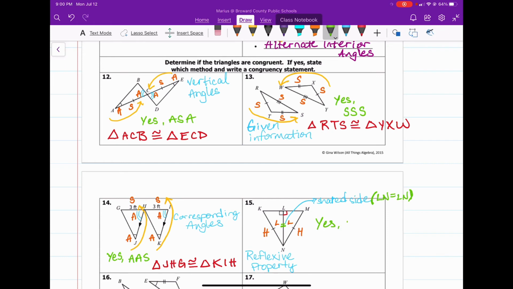Yes, because of hypotenuse, leg. And the two triangles are, the one to the left is going to be triangle KLN is congruent to triangle MLN. That's it. Okay.